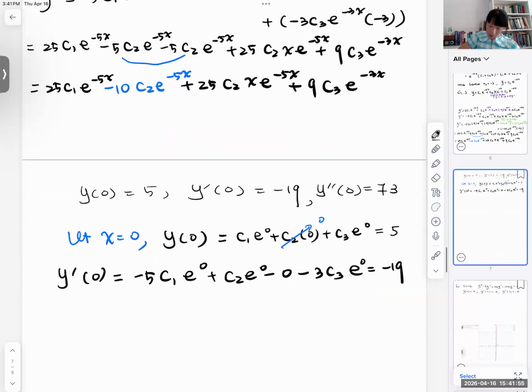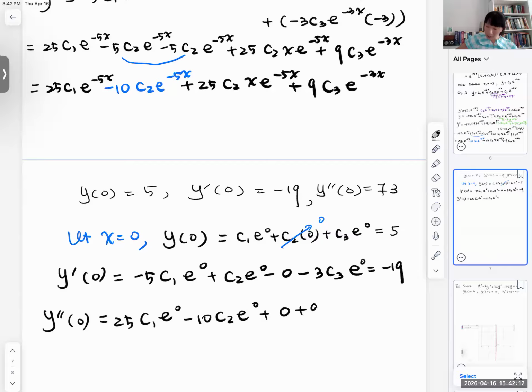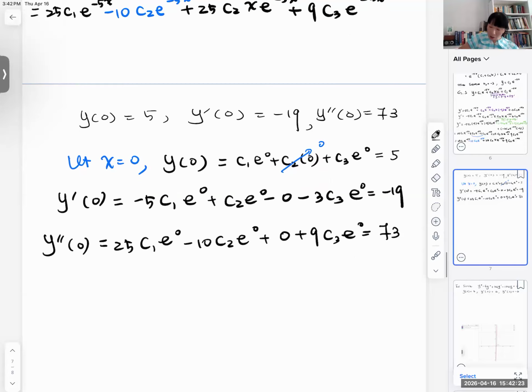Okay, now y second prime of 0. Okay, the last one, 25 c sub 1 e to the 0 power minus 10 c sub 2 e to the 0 power and plus 0 plus 9 c sub 3 e to the 0 power. What do you get? 73. So we get 73. Okay, now rewriting everything nicely.